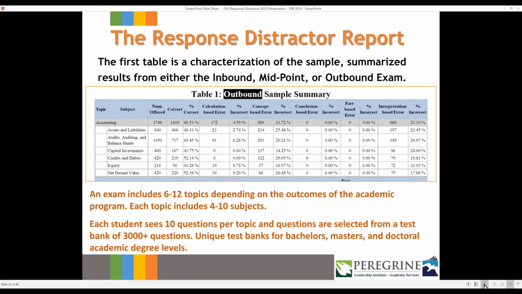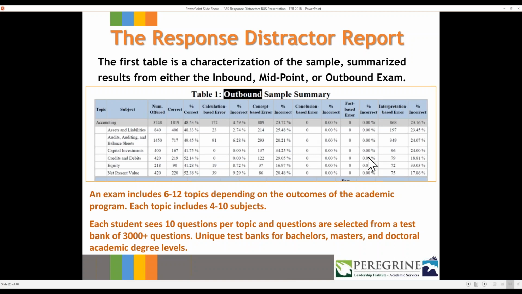We would have 6 to 12 topics in an assessment exam, depending on your program, and each topic would have anywhere from 4 to 10 subject areas. Each student on average answers 10 questions per topic, and the questions are randomly offered to the student from the test bank of 3,000 plus questions in this example. And as I mentioned, we have unique test banks for bachelor's, master's, and doctoral academic degrees.